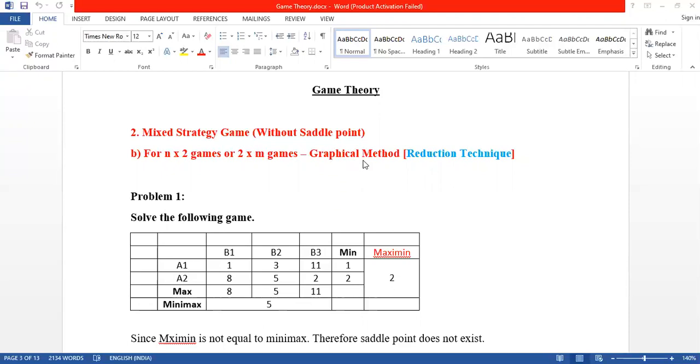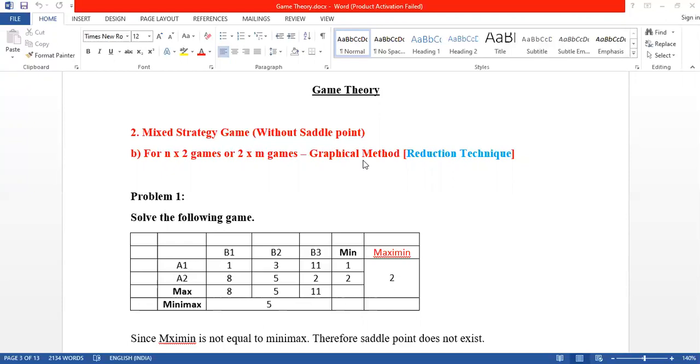Now, I want to make one thing clear: to solve a game theory problem, we have only two methods. That is, either the saddle point method or the odd method. Fine. So we have only two methods.